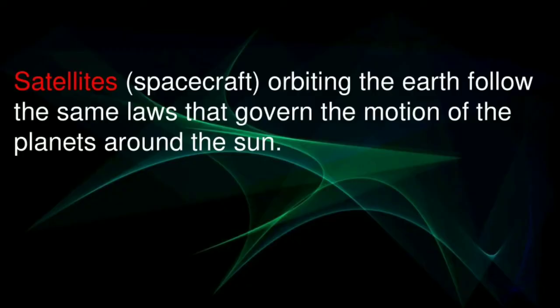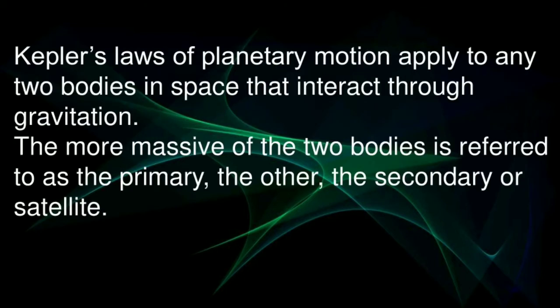Satellites or spacecraft orbiting the Earth follow the same laws that govern the motion of the planets around the Sun. Kepler's law of planetary motion apply to any two bodies in space that interact through gravitation. The more massive of the two bodies is referred to as the primary and the other the secondary or satellite.